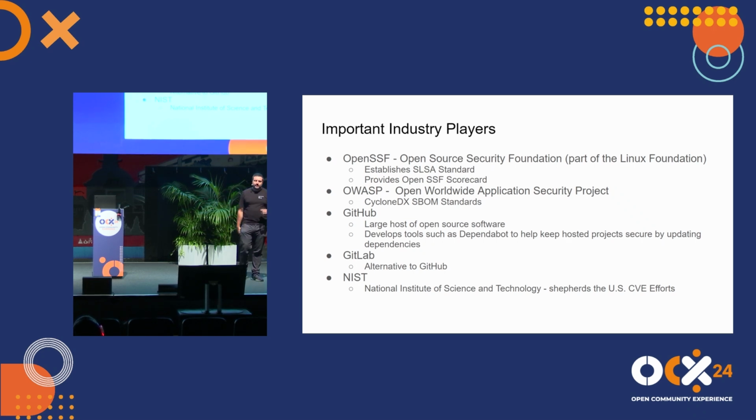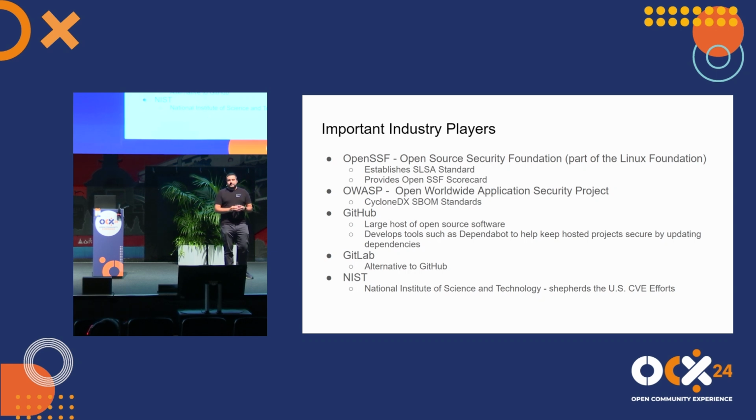GitHub is a large host of open source software. It has a bunch of great built-in tools like Dependabot that will analyze your code. It only does the current version of your branch, and it'll try to help you keep your project secure by updating your dependencies and pointing out critical vulnerabilities.